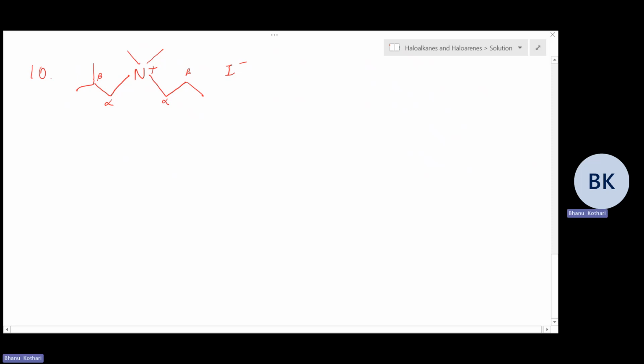So when Ag2O is reacting, this beta hydrogen will be eliminated and there will be double bond formation on this side. This will be the product along with a tertiary amine, Me2. So this will be the final product.